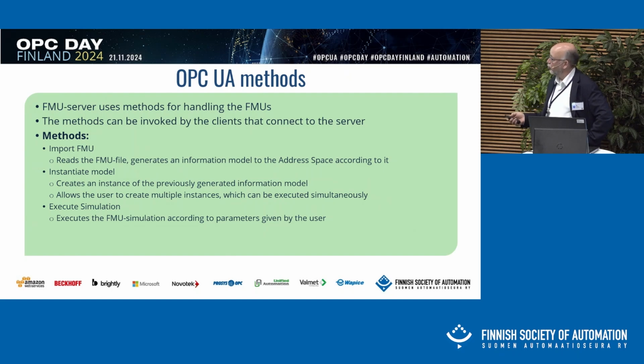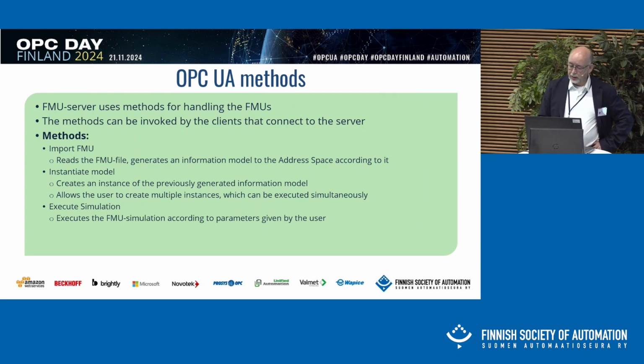From the model instance, you can instantiate the digital twin, the instances that will execute the simulation. So it clones the model as an instance, and you can create multiple instances that can be executed simultaneously. In the execution phase, you can give parameters to control the simulation.